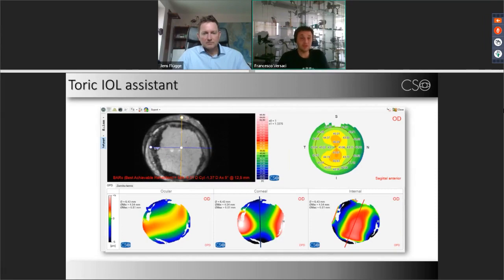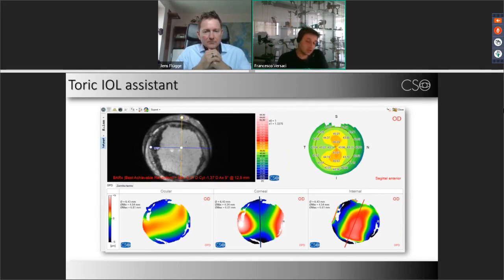We have a specific display for this kind of problem. So this is called the toric IOL assistant, and allows you to see both in terms of coefficients or in terms of maps, what is the corneal and internal astigmatism, and also gives you the information about what is going to be the best achievable refraction.